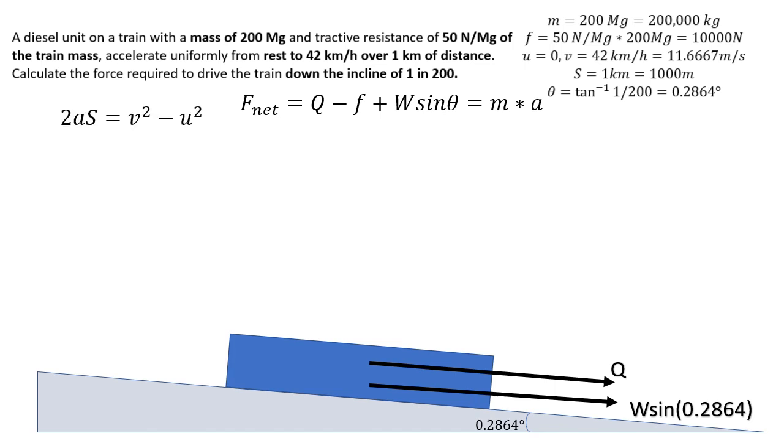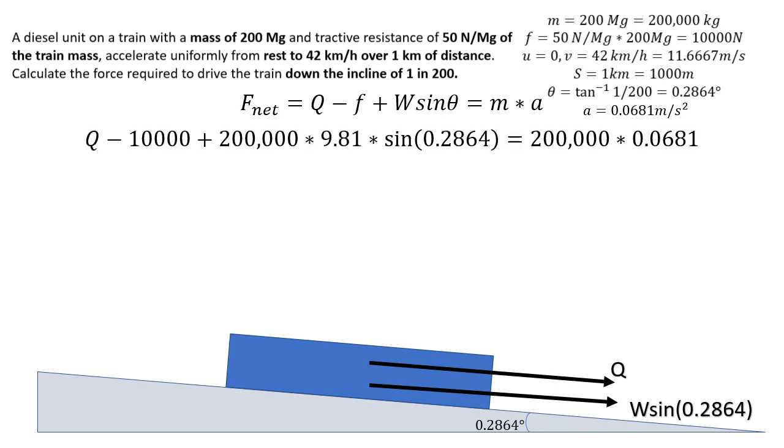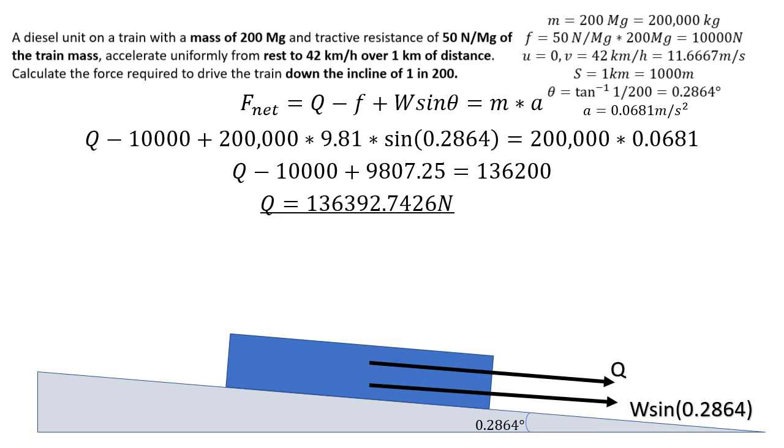For acceleration, we use this formula, and we get 0.0681 meters per second squared of acceleration, and we just fill in the formula and that gives us Q of 136,392 Newtons. You can convert that to kilonewtons if you want.